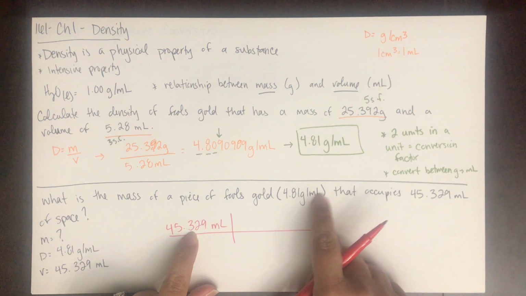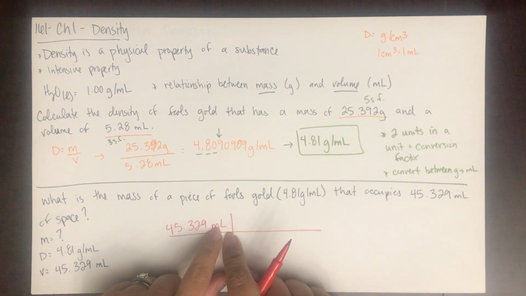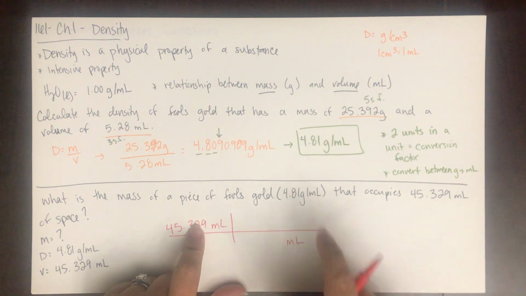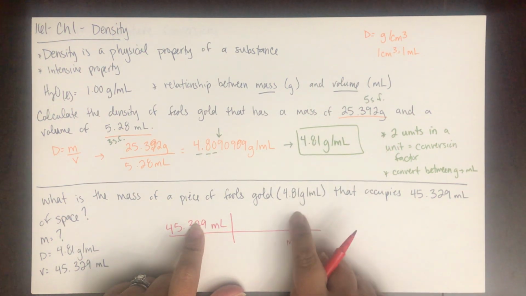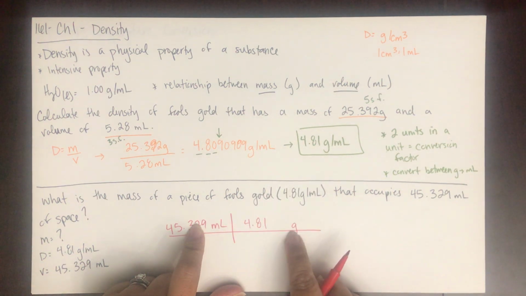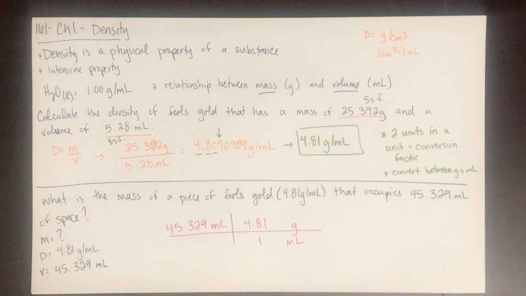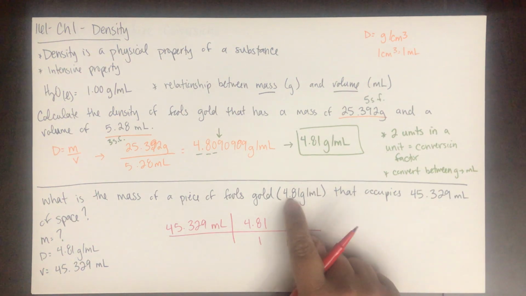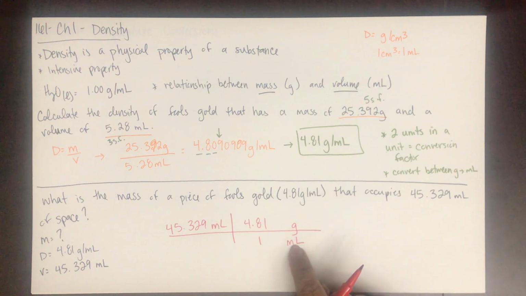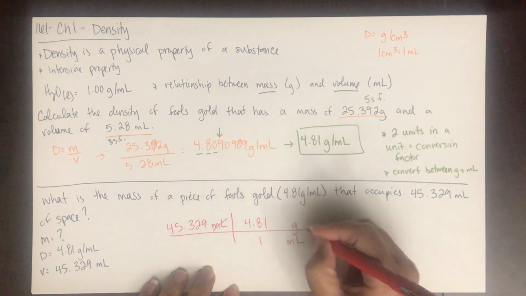I want my units of milliliters to cancel. Here I have milliliters on the top, so I'm going to put milliliters on the bottom so they'll cancel. And I want grams on the top, grams per milliliter. 4.81 grams in 1 milliliter. That's what this means. 4.81 grams per milliliter, 4.81 grams in 1 milliliter.